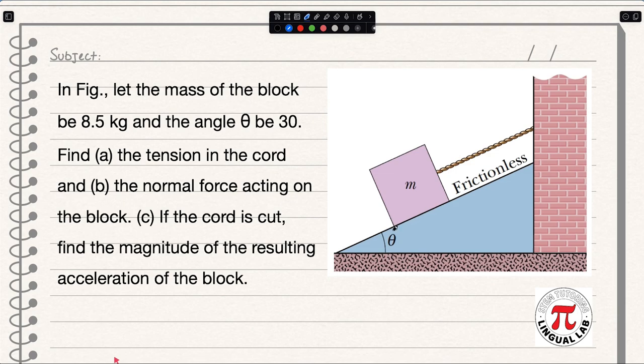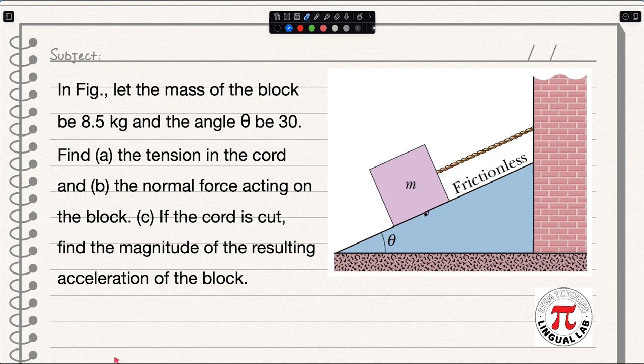The ramp applies a force to the block: the normal force. The normal force is always perpendicular to the surface.